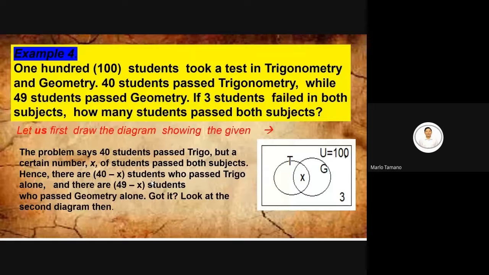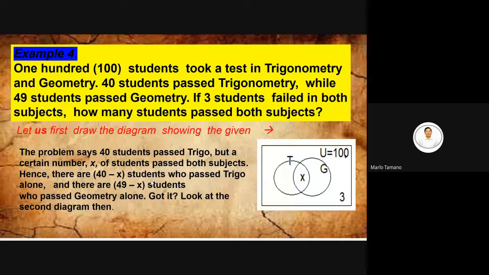All right, thank you. So 100 students took a test in trigonometry and geometry. 40 students passed trigonometry while 49 students passed geometry. If 3 students failed in both subjects, how many students passed both subjects?